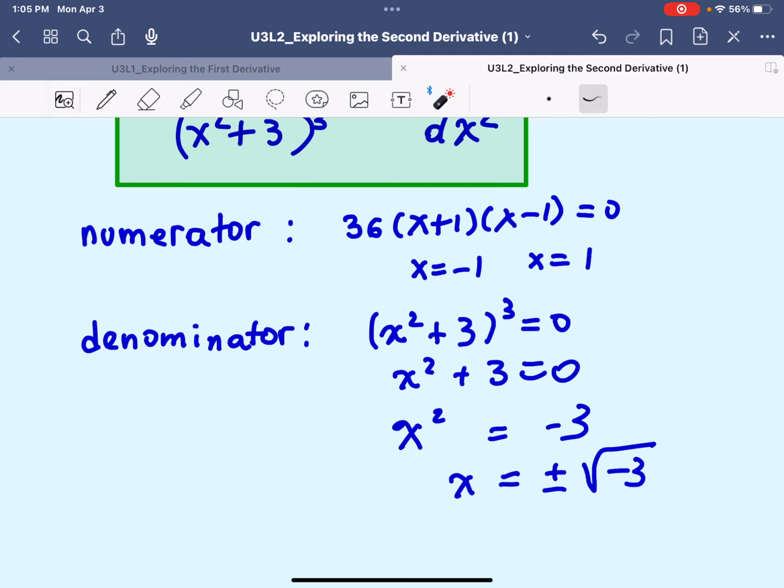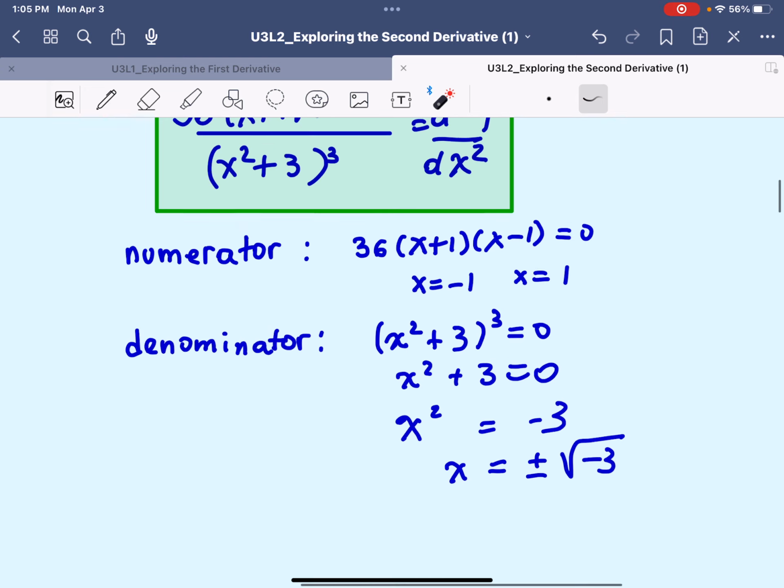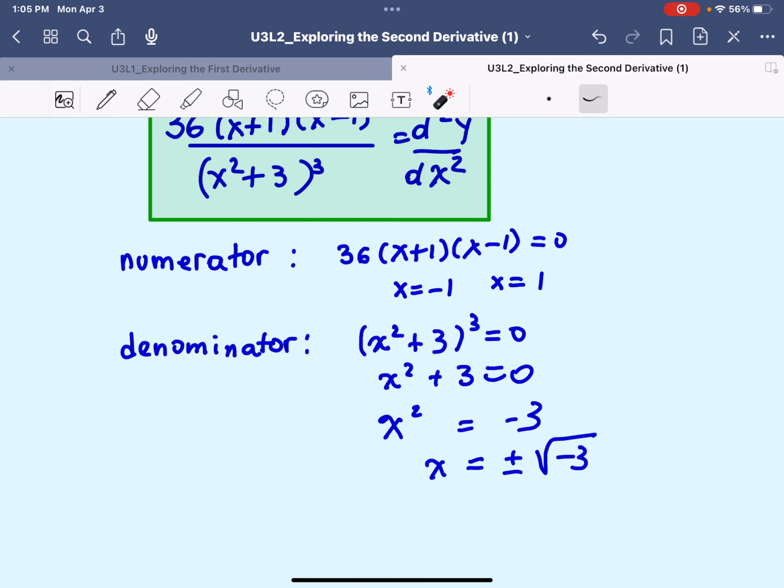Since the square root of -3 doesn't exist in the set of real numbers, then there are no possible real values that can make this expression equal to 0. So the fact that this expression is never 0 means that it will either stay always positive or always negative. Now, as you can see, this is a quadratic expression.